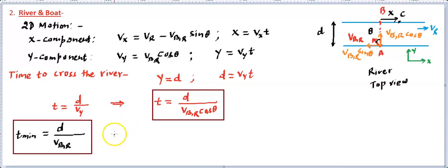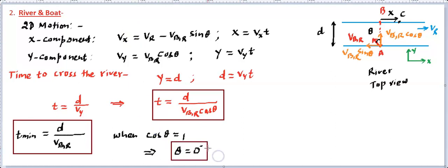So this will happen when cos theta is 1. That means theta is 0 degrees. So if you start at 0 degrees, then you will be crossing the river in the smallest time, that means quickest.